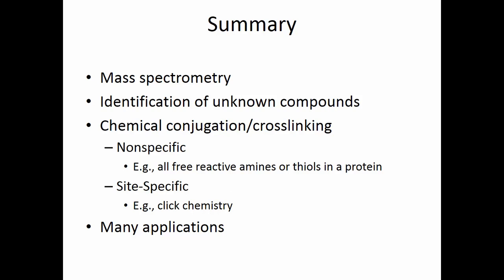They will all react with amines or thiols, and there are a few of those in most proteins. There are some site-specific ones, and we can achieve that by doing click chemistry. And there are many applications for conjugation like these.